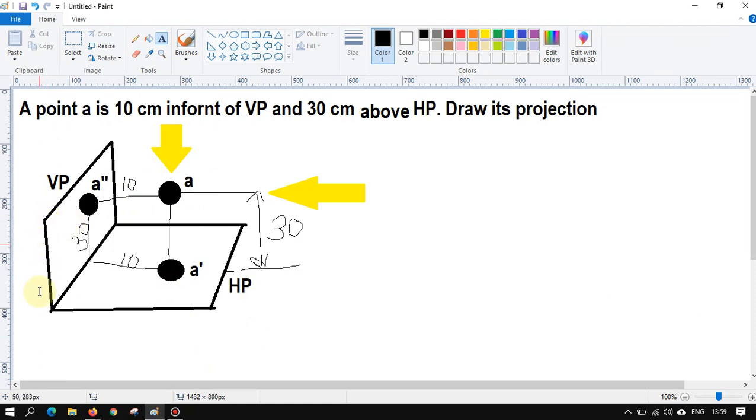Then, as you can see, this is a 3D object. It is folded and the angle between HP and VP is 90 degree. Now if I flatten it, or make it in a single page, what will happen?